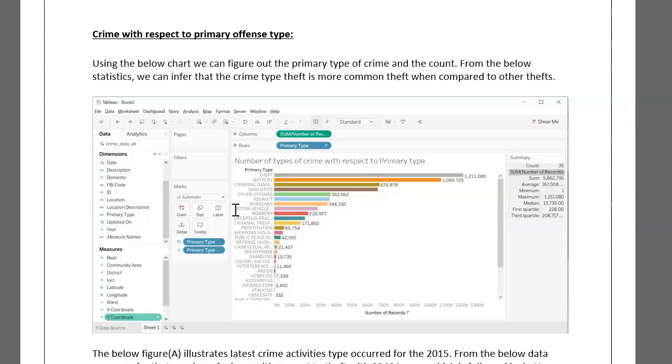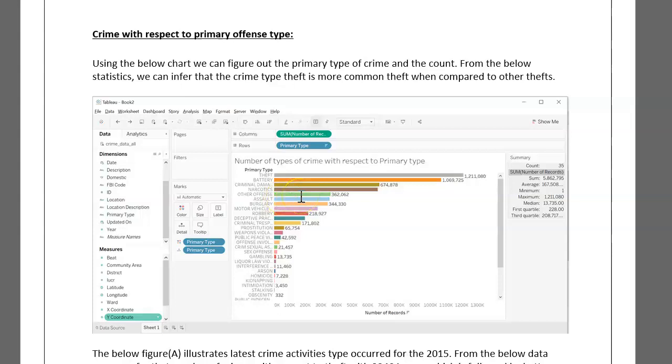what type of offense, how many types. There are various types of offenses here, primary types like battery, theft, criminal damage, burglary, weapons violation, public place violation, and all those things. These are the different primary types which we have.